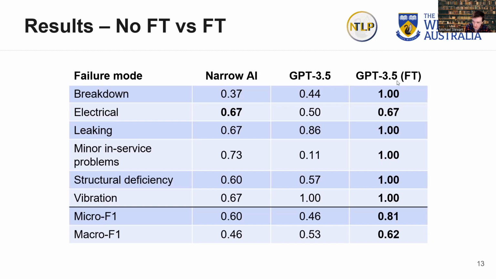But the interesting part here is that GPT 3.5, once fine-tuned on that same data set of 500, ended up being substantially better than the narrow AI. What this really highlights is that the annotated data is incredibly valuable and important. The GPT by itself, not great, but with the fine-tuned annotated data set, it does substantially better, which we found really interesting.